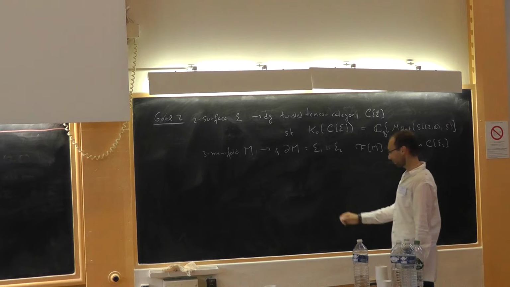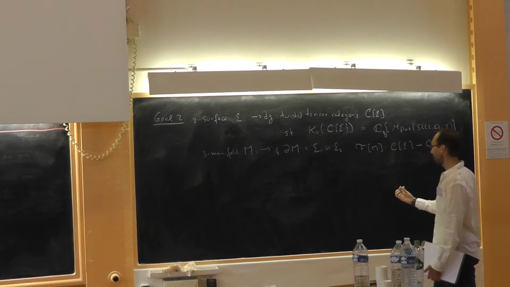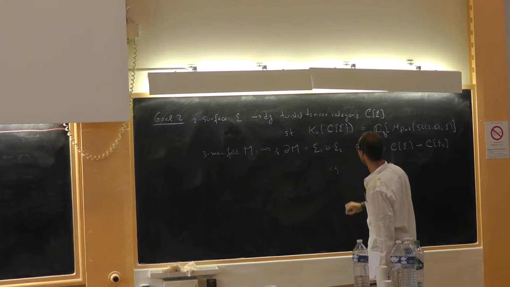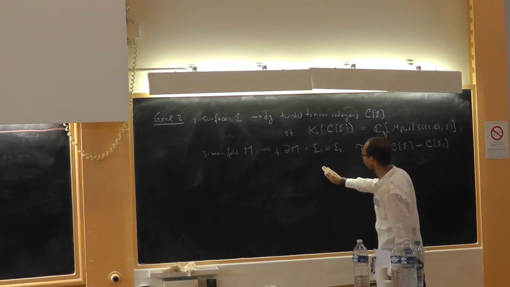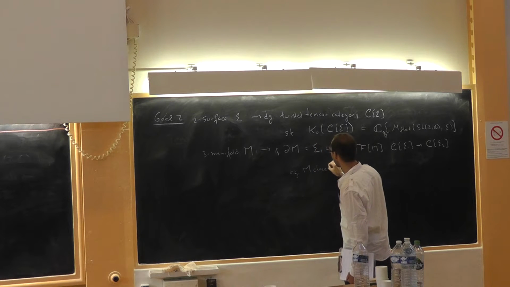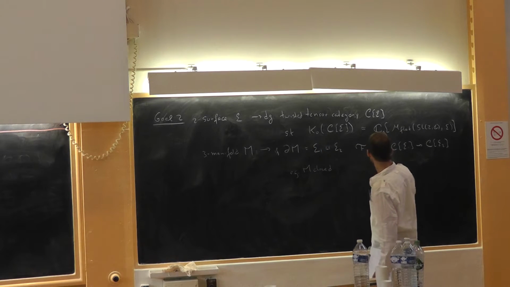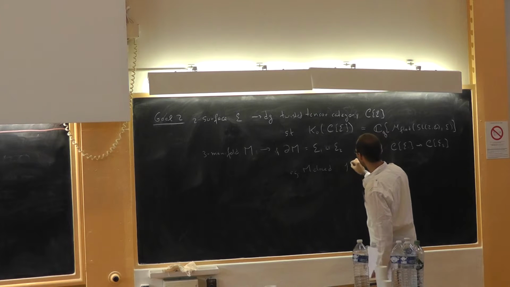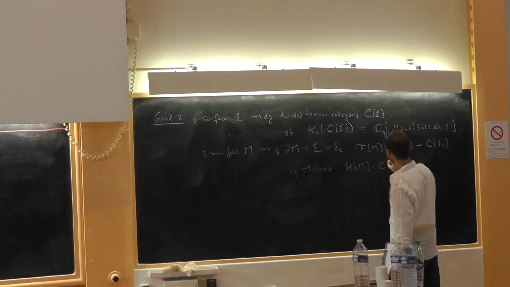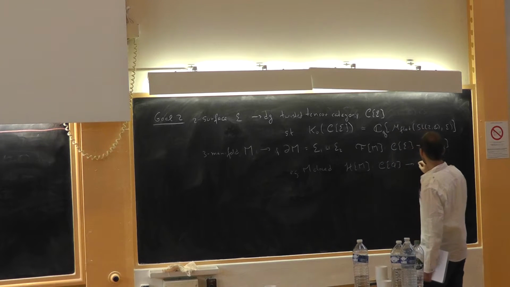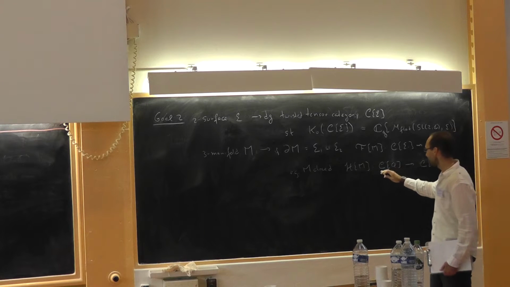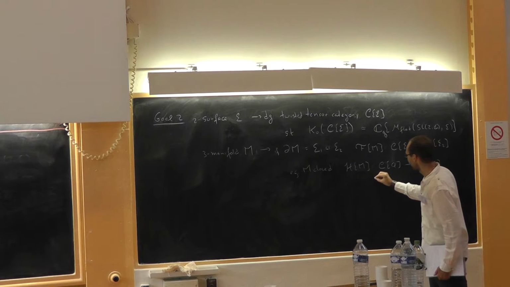And in the special case that sigma 1 and sigma 2 are empty, so if M is closed, then this is a functor from the category of nothing to the category of nothing, where the category of nothing is graded vector spaces.